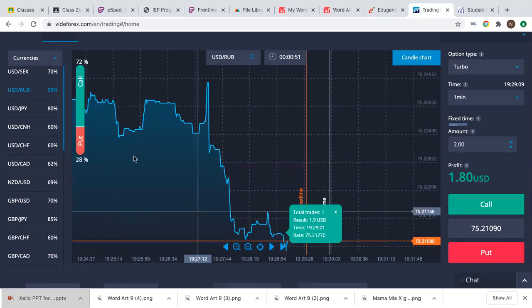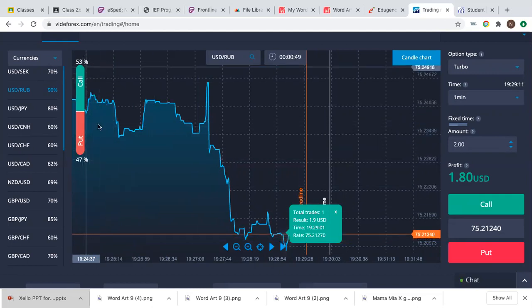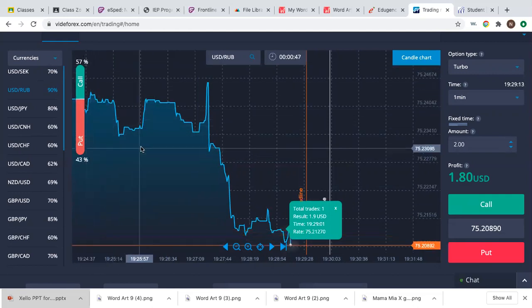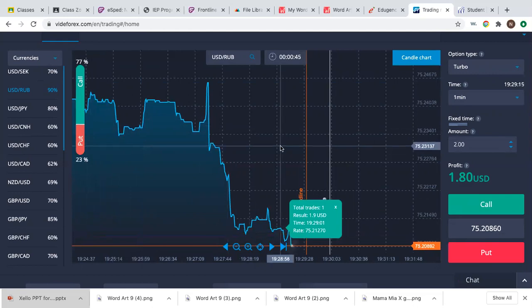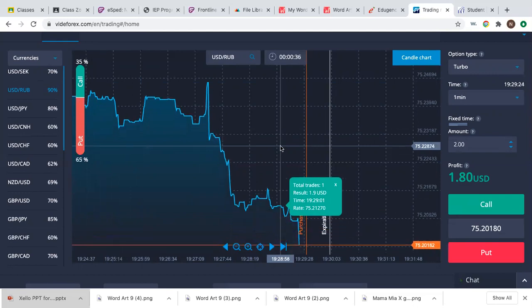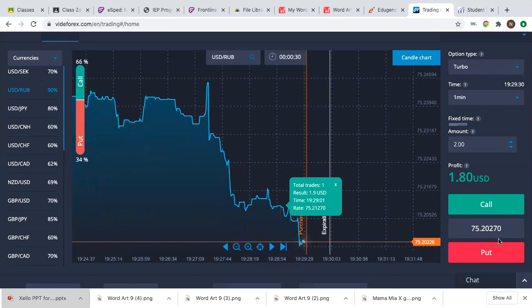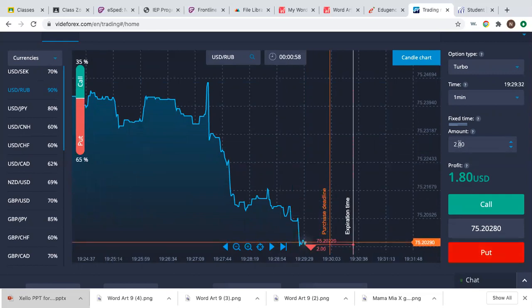Looking for the percentage here again. Want to be at about 78, 79% if possible. I got 77 up top. 79 on the bottom, so I'm going to take another put.